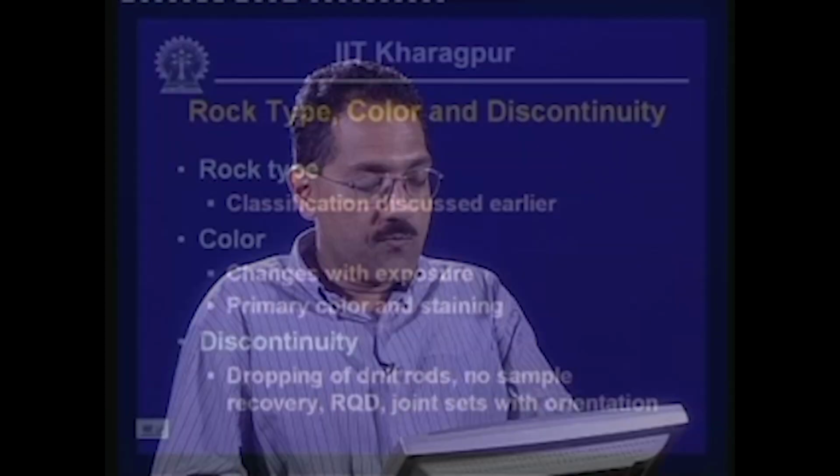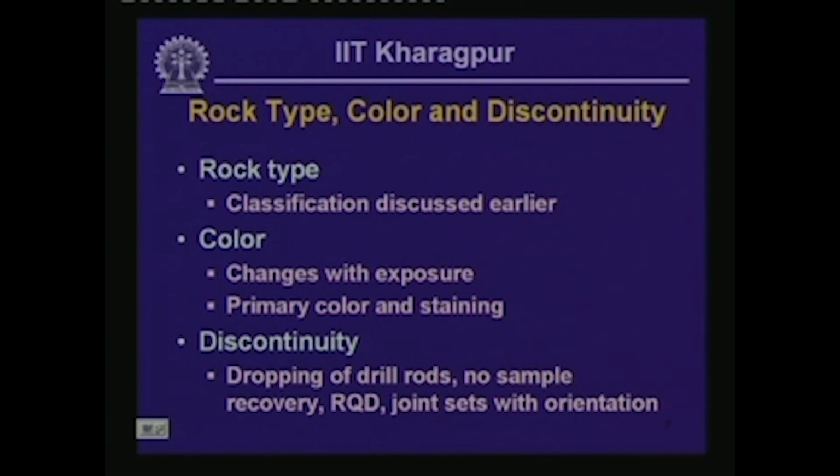And finally, we have to describe the discontinuity within the rock mass, and as I indicated earlier, discontinuity of rock mass is indicated by other types of happenings that are recorded during the investigation process, such as dropping of drill rods during the drilling process, or no sample recovery over a certain depth of drilling.